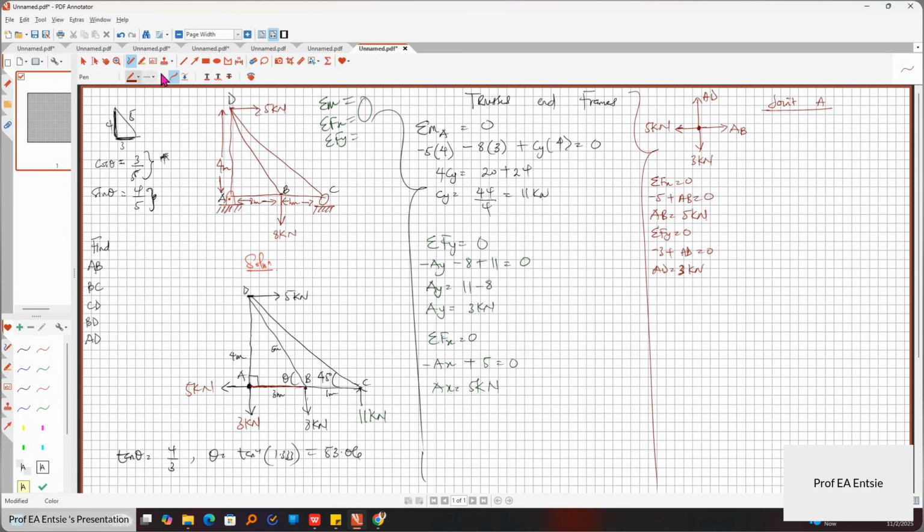We move to joint B. We do the same. Here is joint B. We are now engineers. At joint B, we have this 8, which is not a member but a force. Then what members are there? AB, and so on.